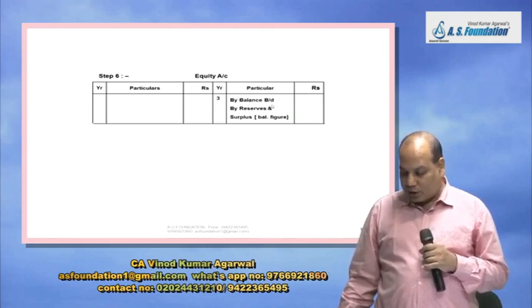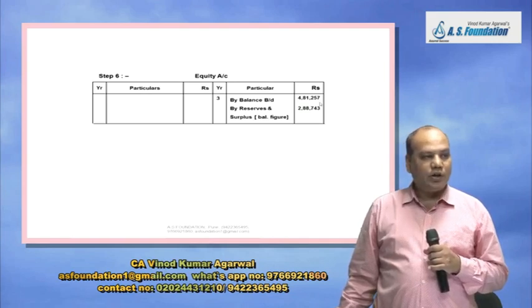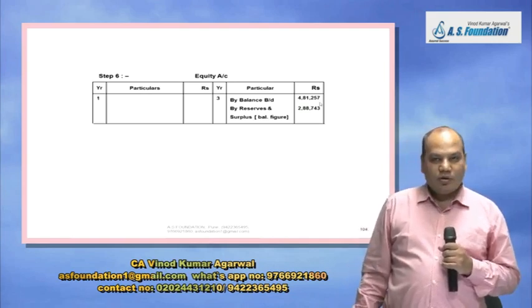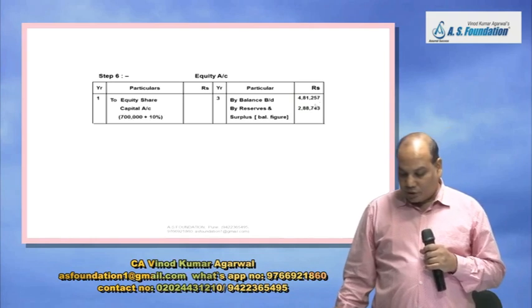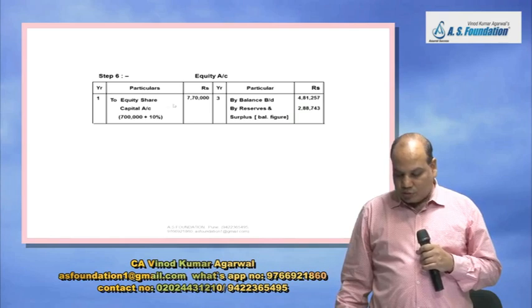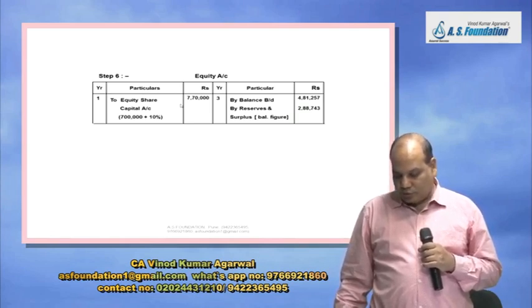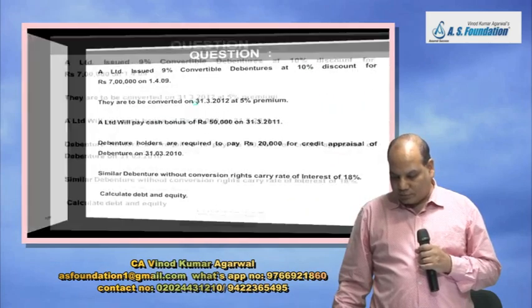the entry will be by balance brought down 481,257. First and second year only opening and closing balance. Equity is not remeasured. And then after writing this, you write down to equity share capital account, $770,000.